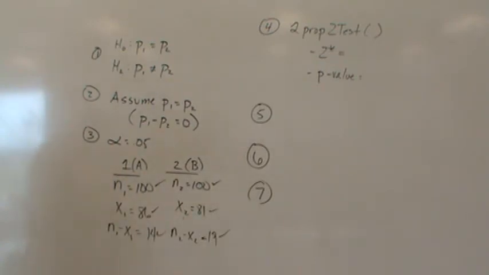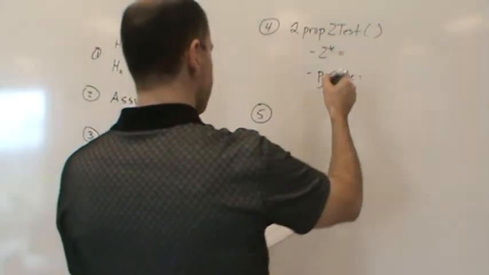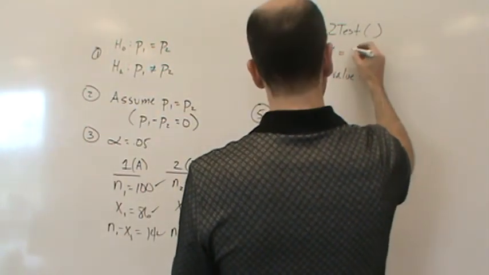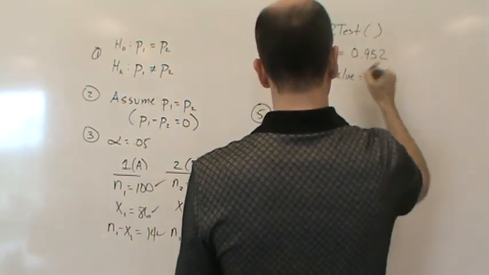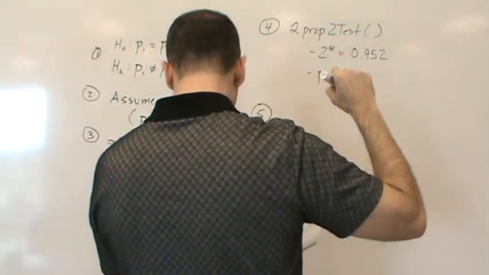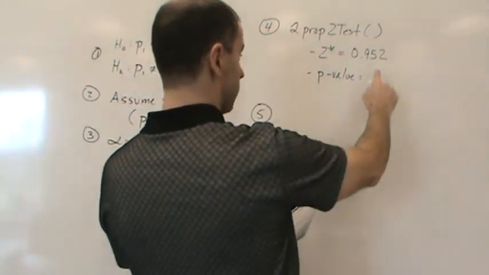So x1 is 86, n1 is 100, x2 is 81, n2 is 100, and we're doing not equals, calculate, and now we get a z-score. Our z-star is 0.952.